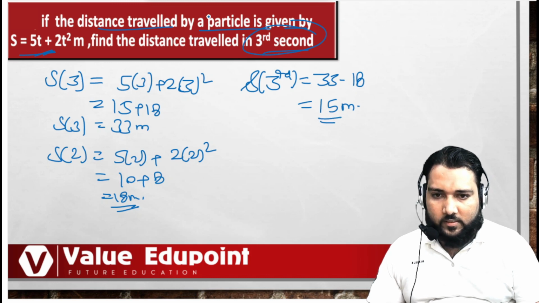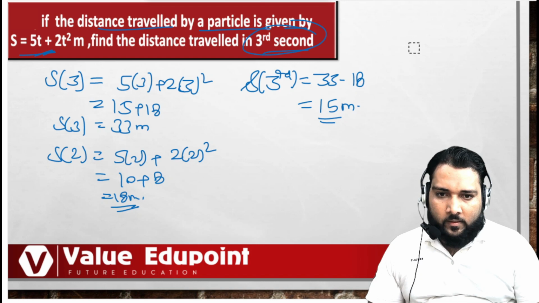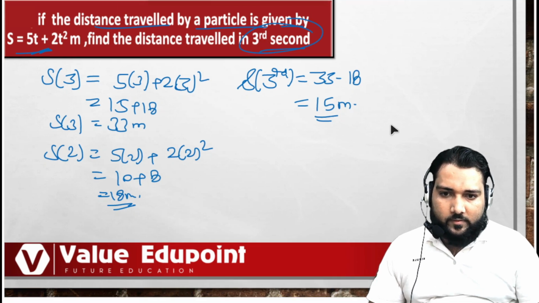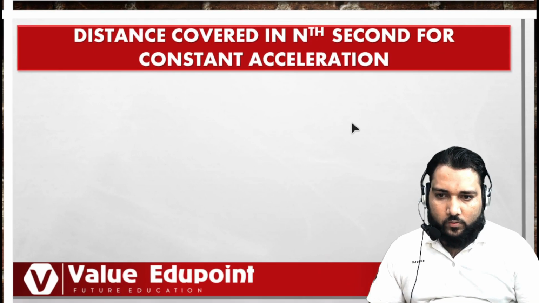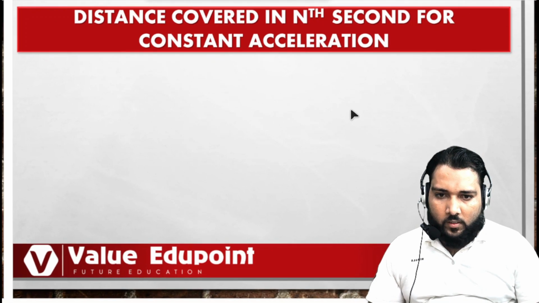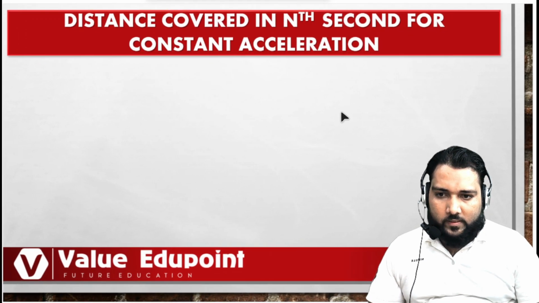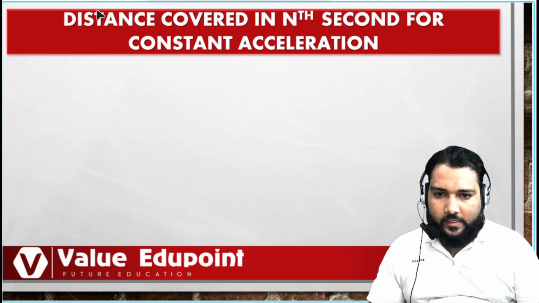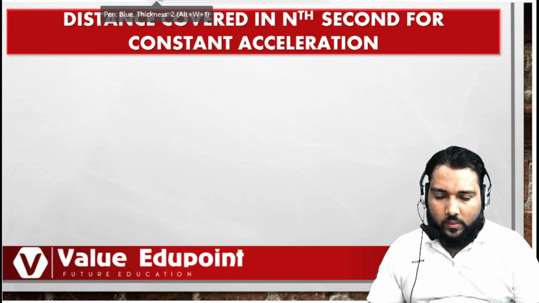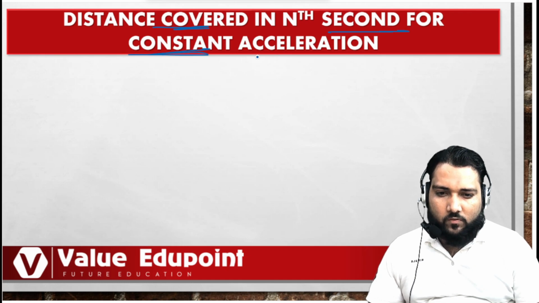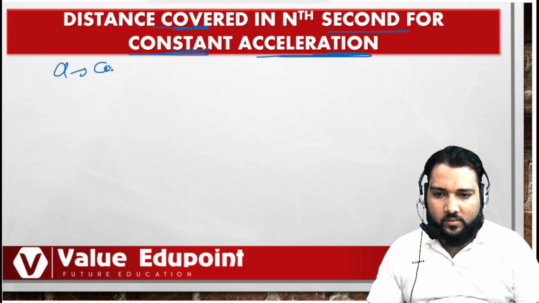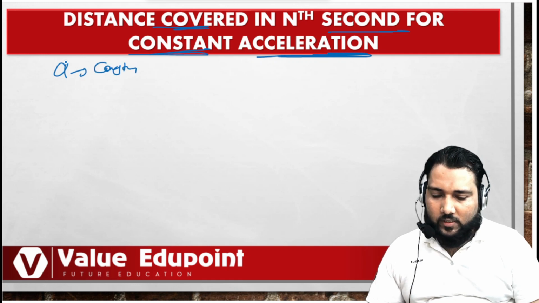Okay, guys, this is the distance covered in the nth second. Now we will see the distance covered in the nth second in the case of constant acceleration. This time the acceleration is constant, so that is not difficult.